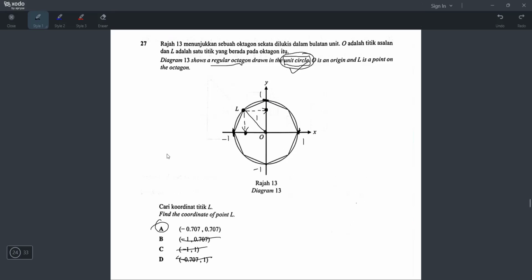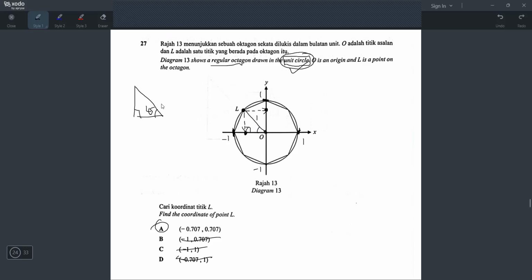But I want to explain to you using the trigo concept. If you want to use the trigo concept, you can do that also. What I will do here is take out this right angle triangle, so it will look like this, right? After I take out the right angle triangle, I will tell you that this angle is actually 45 degrees. You know why it is 45 degrees?